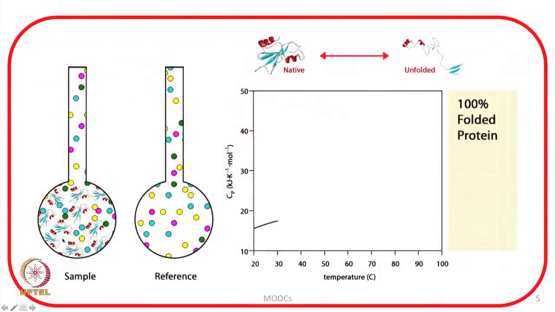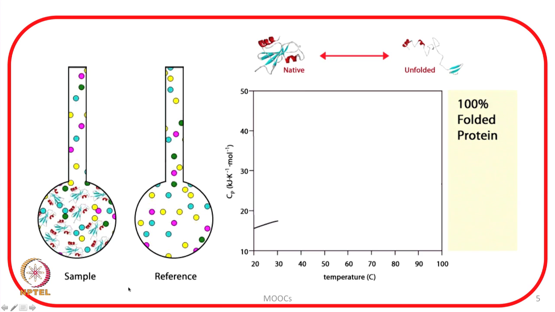Let us consider these ribbons as protein and these colored circles as the buffer molecules. That is why in the reference you see only these colored circles, which are the reference molecules, which is buffer actually. And we are interested in studying this unfolding, native to unfolded.